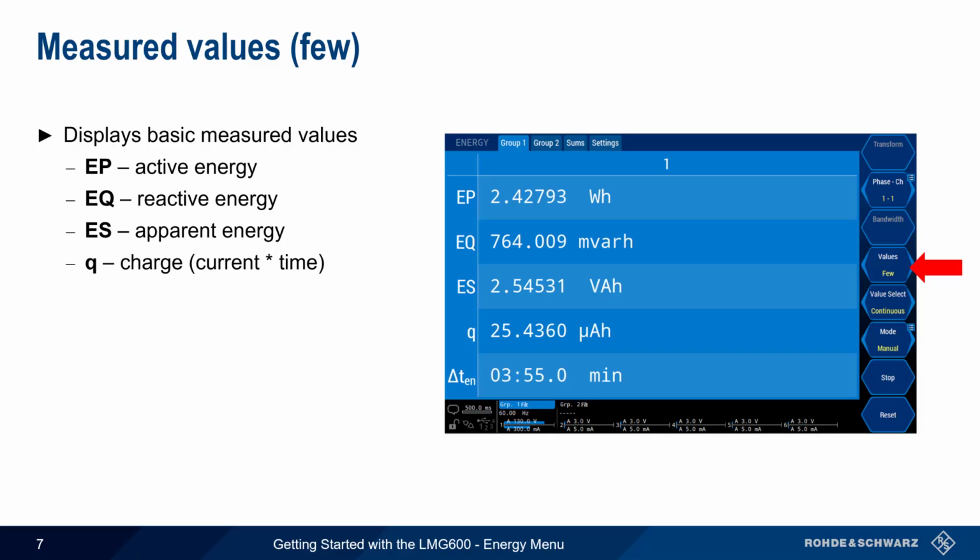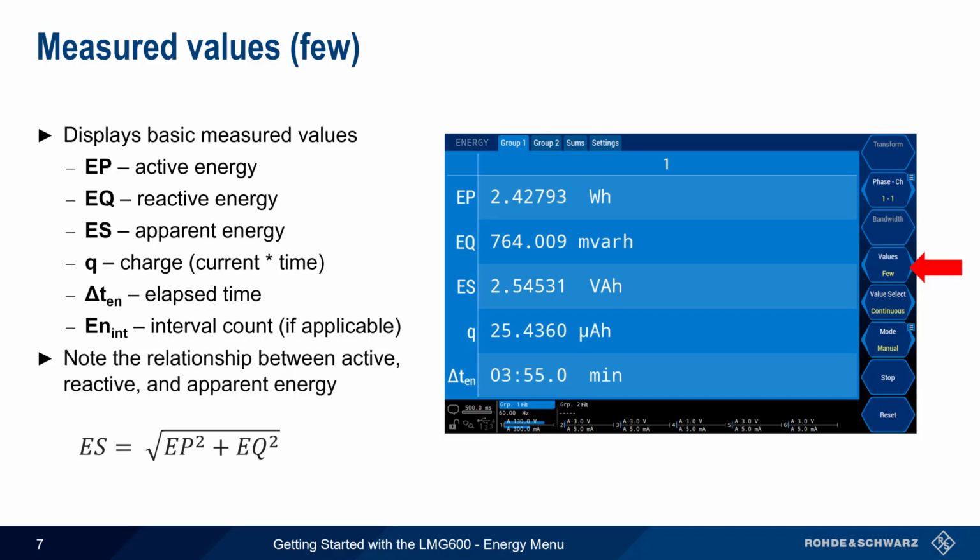And as mentioned on the previous slides, the elapsed measurement time is displayed, along with the interval count if interval measurements are being used. It's worth noting that the relationship between active, reactive, and apparent energy is similar to that for power. That is, apparent energy is the square root of the sum of the squares of active and reactive energy.